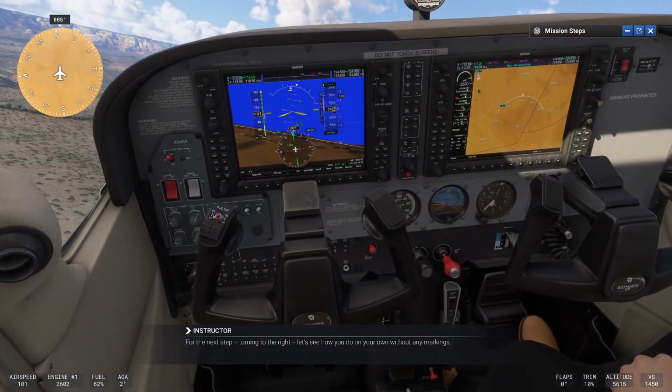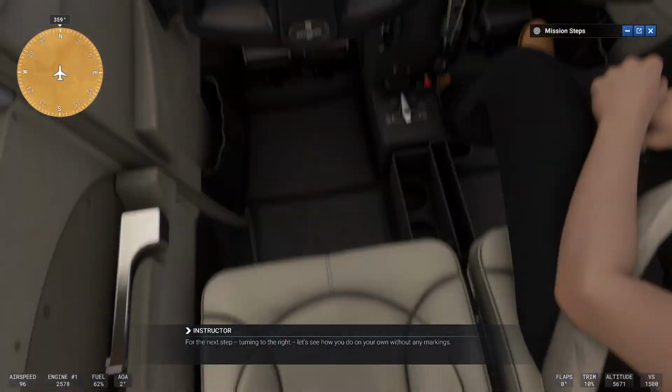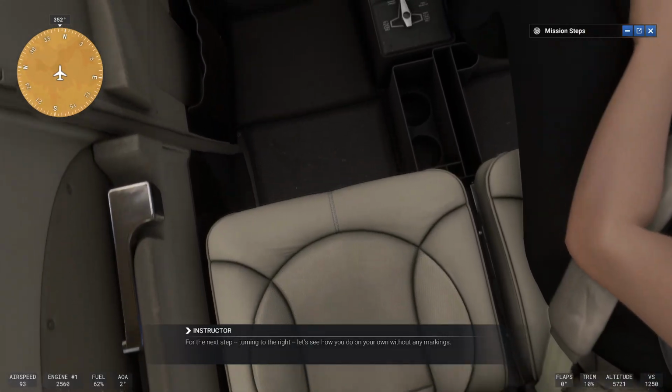For the next step, turning to the right, let's see how you do on your own without any markings.